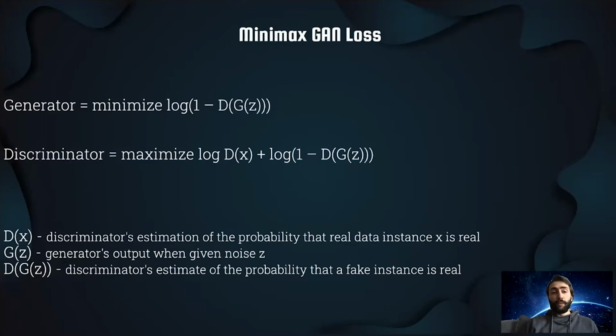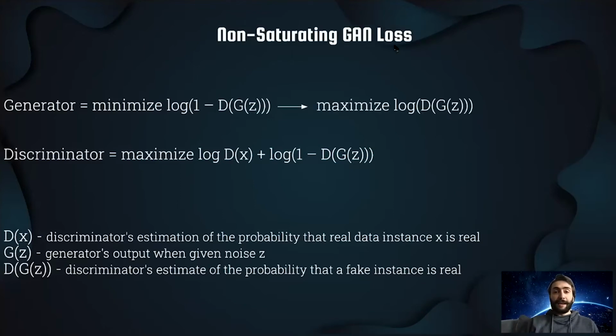The main problem was that if the generator was becoming too good, the discriminator was not able to operate correctly, and the whole loss was becoming saturated, as described. That is why there was a proposal of non-saturating loss. It is a subtle change that involves the generator maximizing the log of the discriminator probability for generated images instead of minimizing the log of the inverted discriminator probability for generated images.